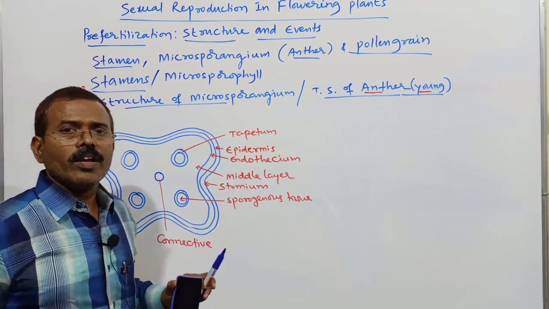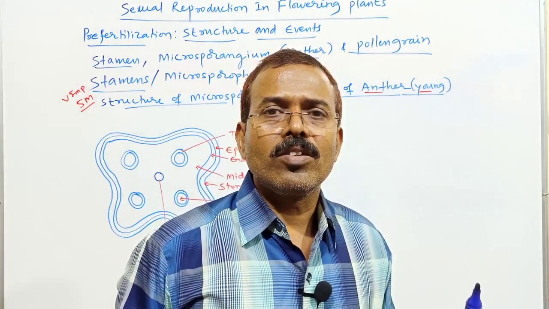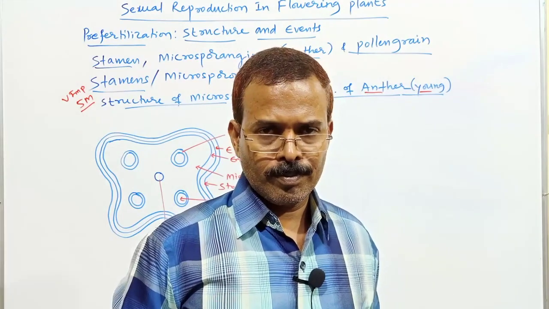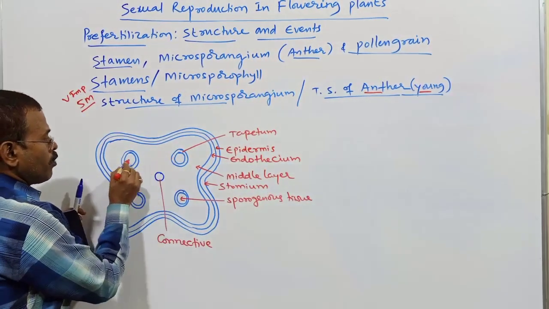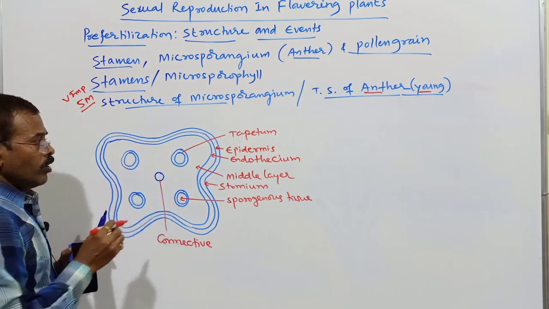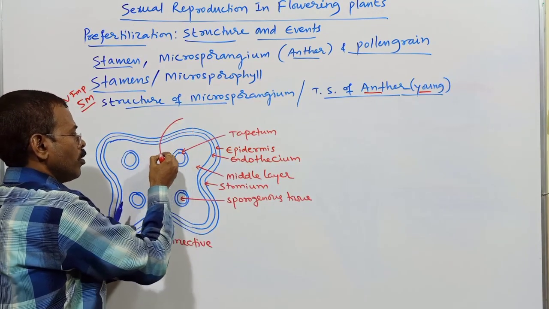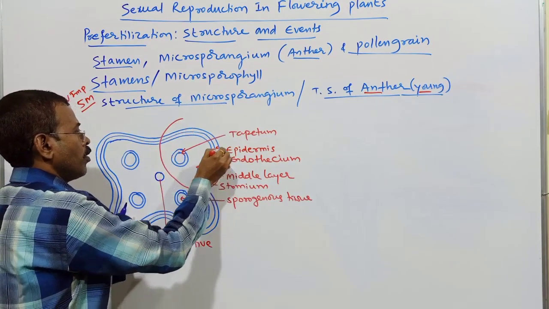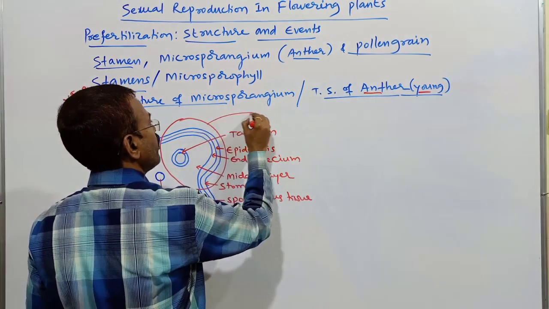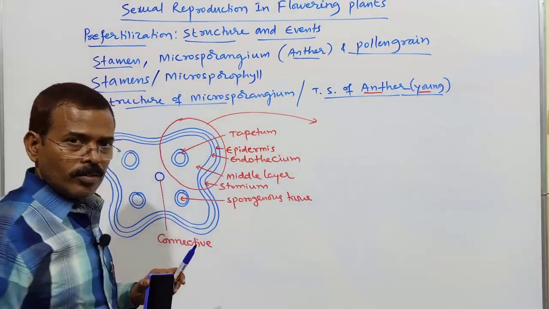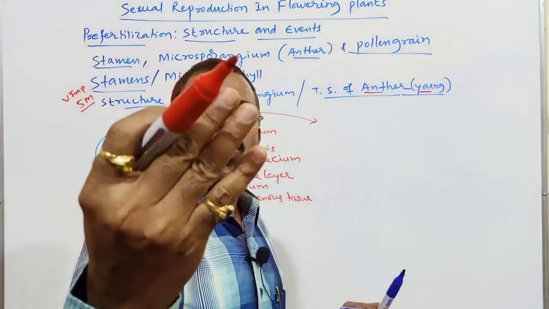This is the diagrammatic outline of the transverse section of young anther. These are all microsporangia. When a single microsporangium is magnified, it shows the presence of 4 wall layers.